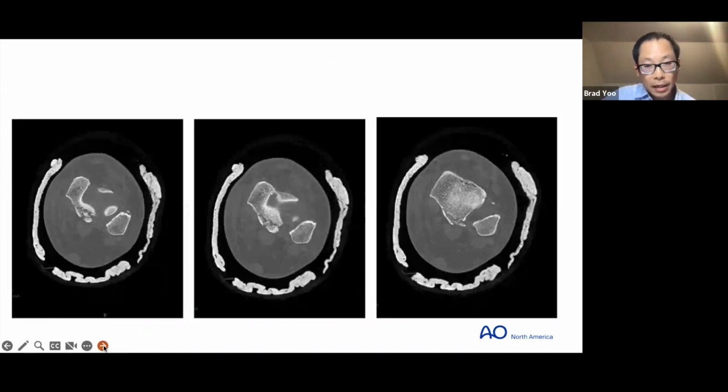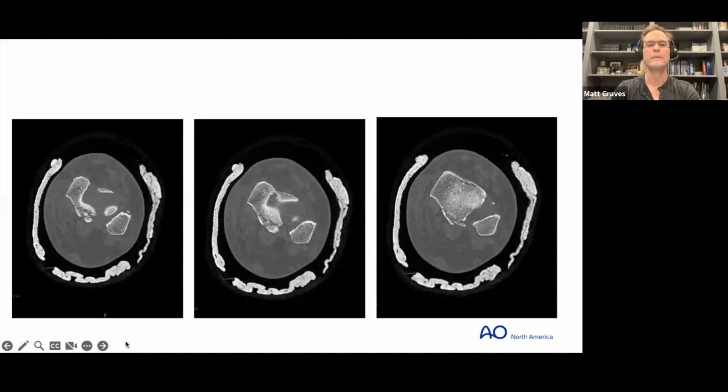And then this is the CAT scan that we obtained. We have a general algorithm at our institution where we image most ankle fractures with CT scans. How do you feel about that, Dr. Graves, Dr. Weber? Are we radiating these people too much here at Yale? I would say no, unless it's just a standard ankle fracture. Obviously standard can turn out to be something bigger. When you have a posterior malleolus involved or something more extensive, a CT scan is reasonable.